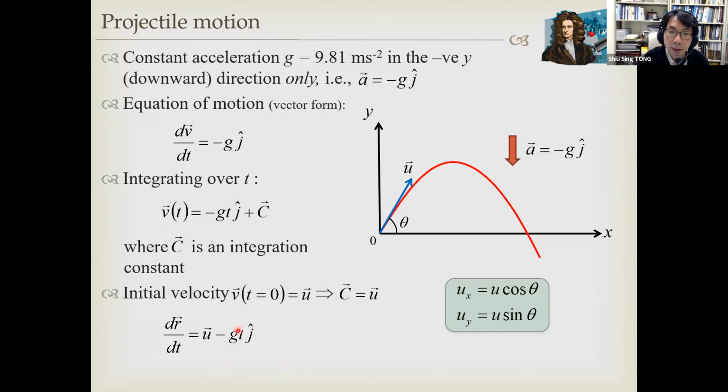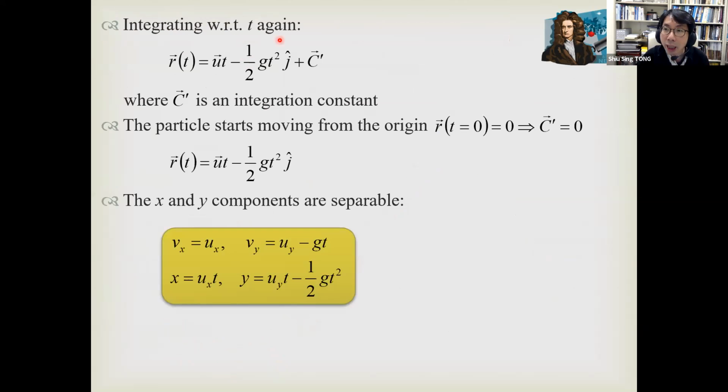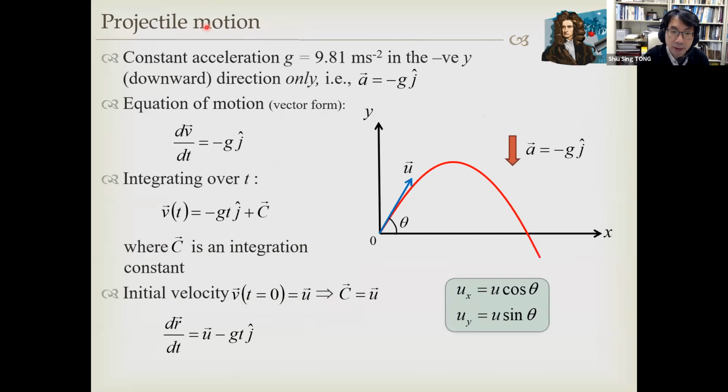And of course, I can write my velocity in terms of the derivative of the position vector. So v is dr/dt, and I found that it is equal to u minus gtj. So now I have another differential equation. By integrating once more, I should be able to get r, the position of the object at different times. So I start from this and integrate both sides.